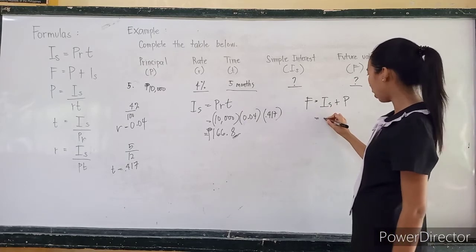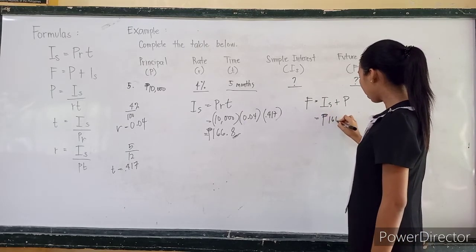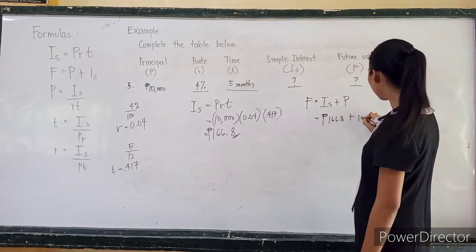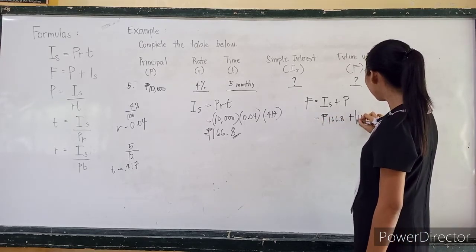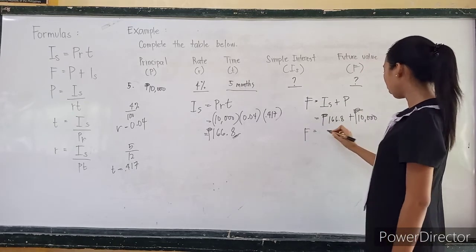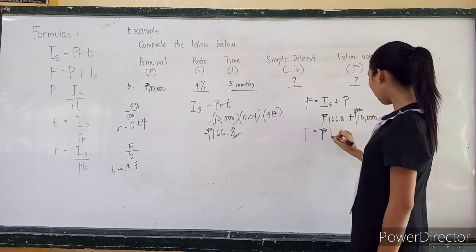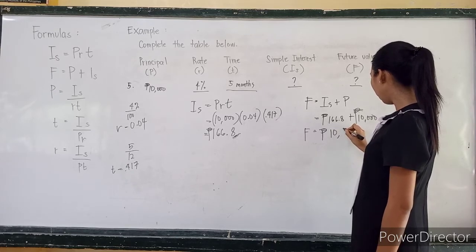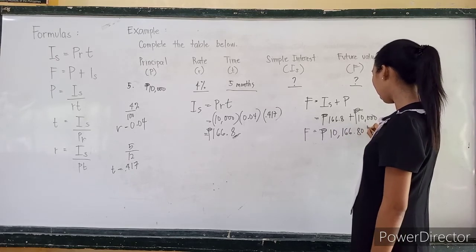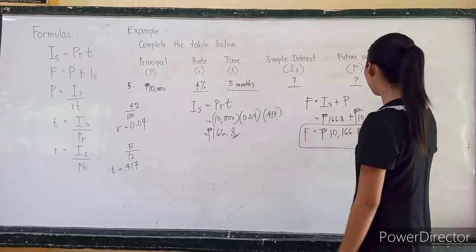So, this is going to be 166.8 plus P, which is 10,000 pesos. Our final future value is 10,166.80 pesos.